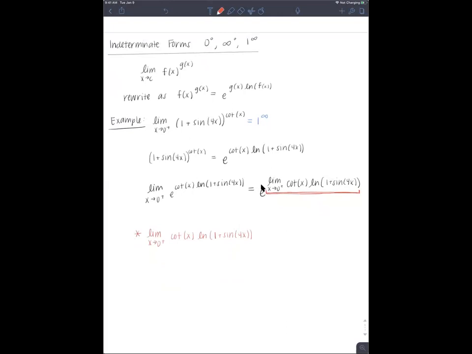How can I make this look like a fraction? Do you guys have any ideas? Because remember, the goal is to get it to look like either 0 over 0 or infinity over infinity. And right now, I'm not going to get either of those things. So how can I change this slightly so that I do get a fraction?